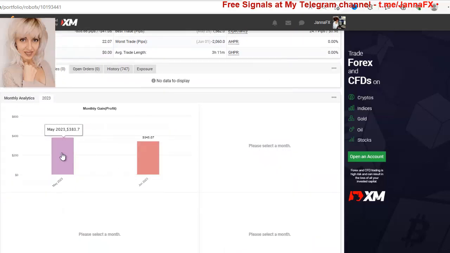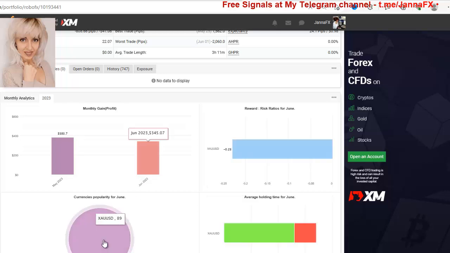Here's the results. We have May, which was 383, and you see in June it was already made some profit. So the one I showed you was the total, so it wasn't just May, it was also together with a little bit of the 2 days in June. Okay, so that's the results at this moment.